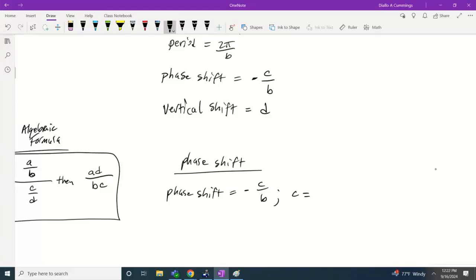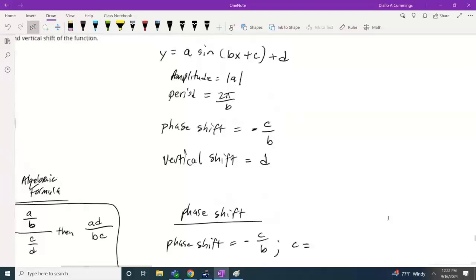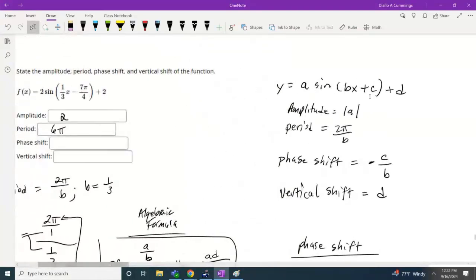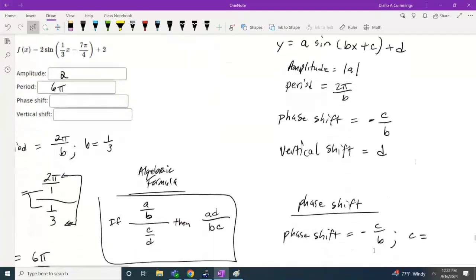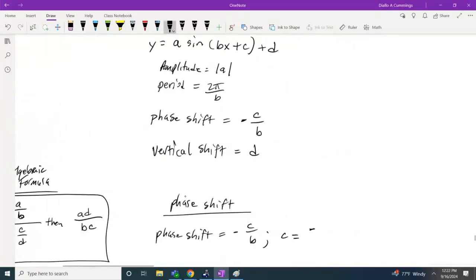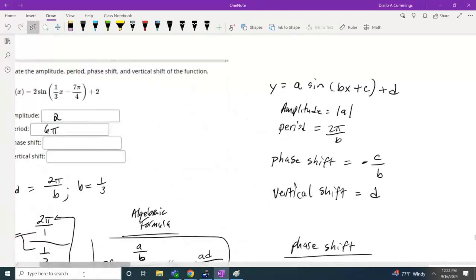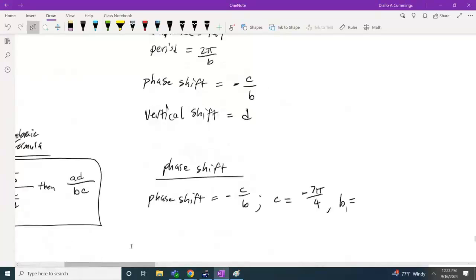It's negative C over B. C is equal to, so notice my model form, C is going to be negative 7 pi over 4. So notice I have to keep any negative signs. And then there's a negative in my actual formula. So C is negative 7 pi over 4. B is 1/3, I believe. Right, B is positive 1/3.